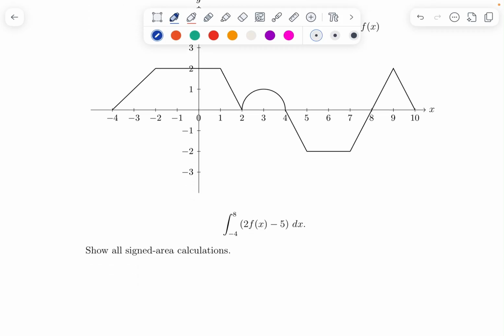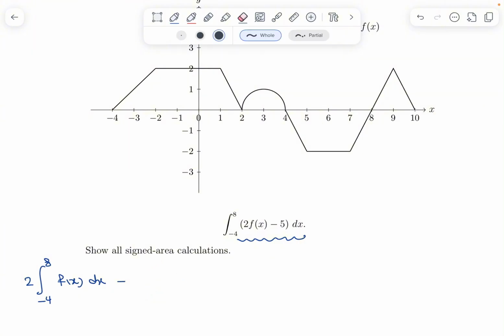To evaluate this definite integral from negative 4 to 8, first of all, by using the property of definite integral, you can rewrite this as definite integral from negative 4 to 8 of f of x dx minus 5 definite integral from negative 4 to 8 dx. Or you can consider this one as negative definite integral from negative 4 to 8 of 5 dx.